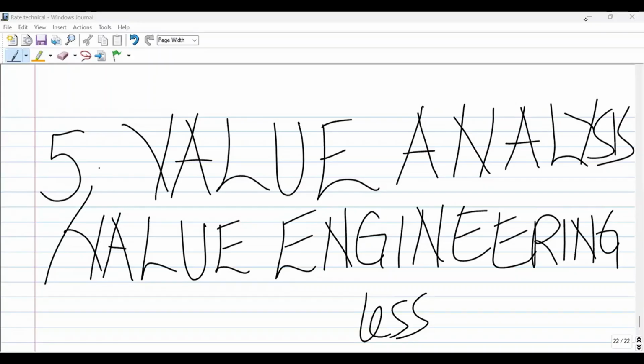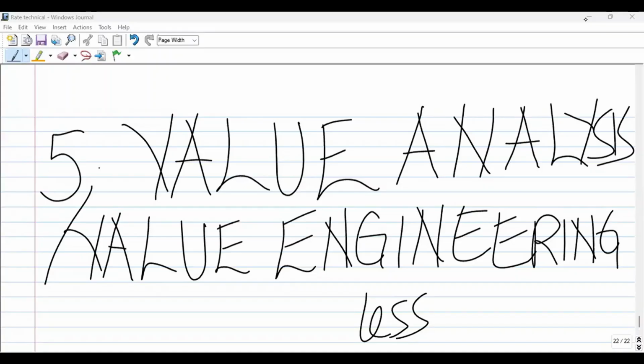So everything rotates around value, cost reduction, functionality. So with that, they can ask you to explain what value analysis or value engineering means. And that's how we can explain it.